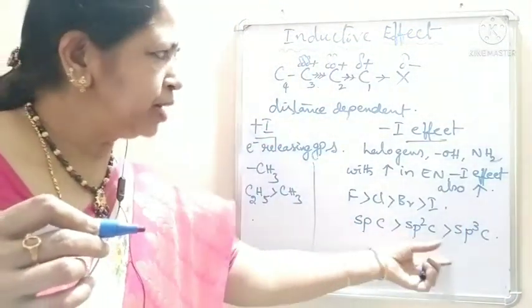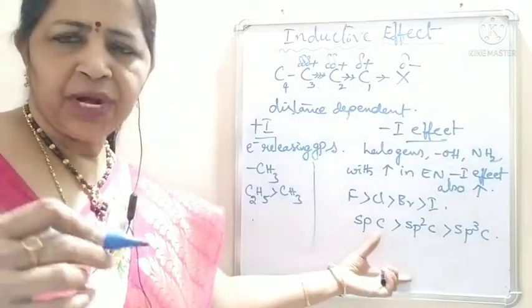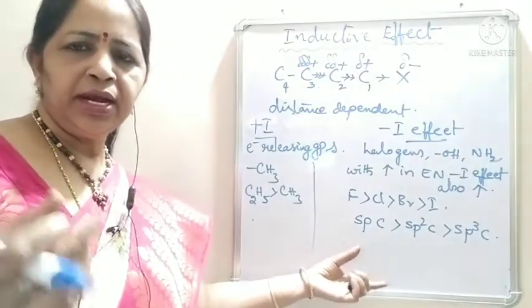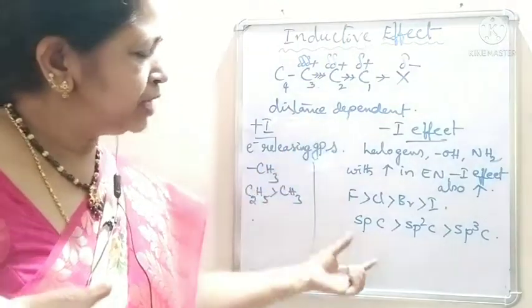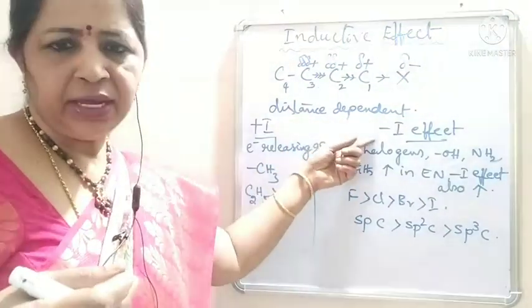If these carbon atoms are present in a group of substances, then also we can explain which will have the more negative I effect.